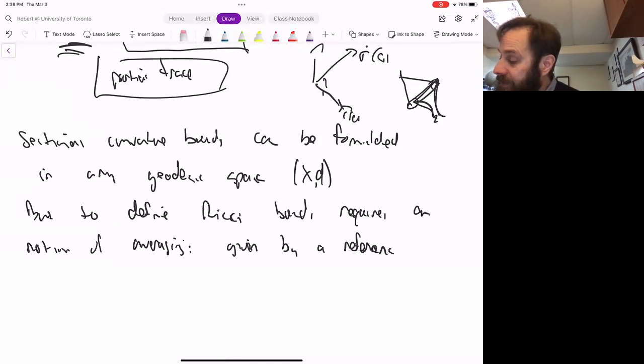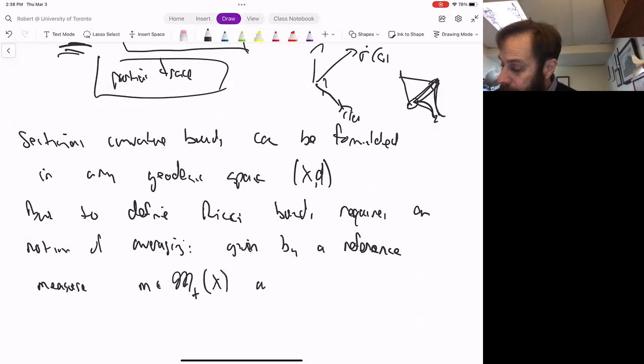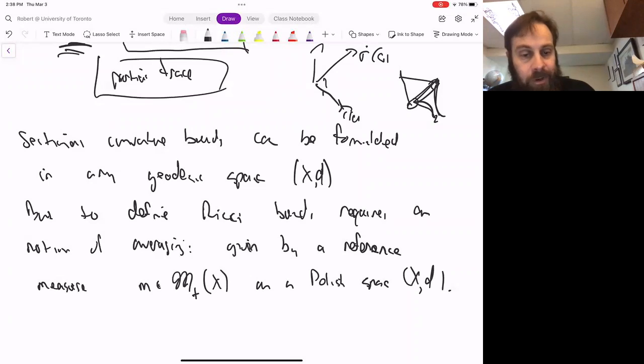Like in Euclidean space, it's Lebesgue's volume. It's going to always be a non-negative measure for us. And we're going to be looking at a Polish space, (X, d). And typically it's going to be a Polish geodesic space, but anyways.